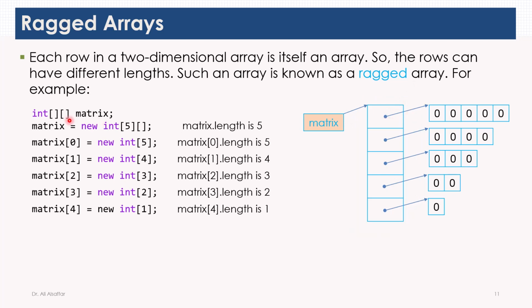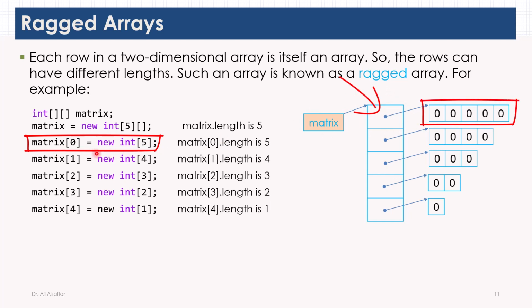And then you go to the individual index variables of the array one by one, create arrays of different sizes, and assign their references to these index variables. So let us create the first one-dimensional array of size 5 and assign its reference to the first index variable of this array. Here we write matrix[0], so we are referring to this index variable, equal to new int[5].